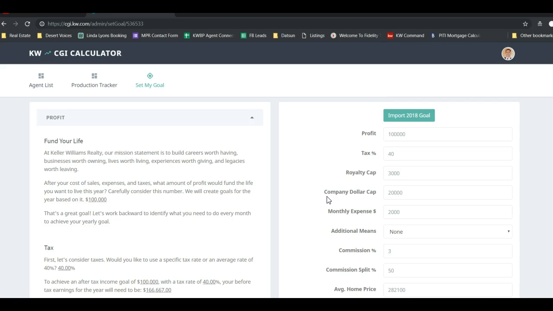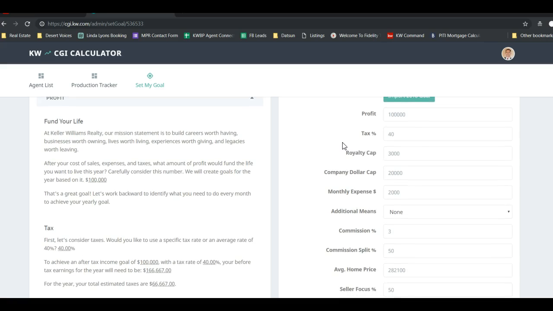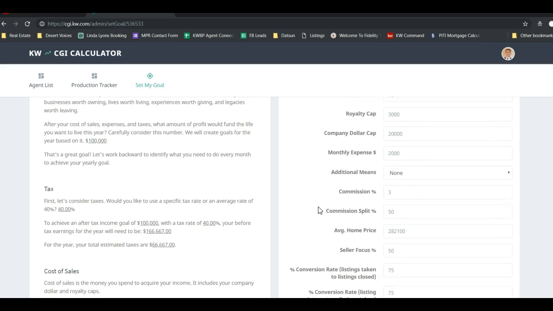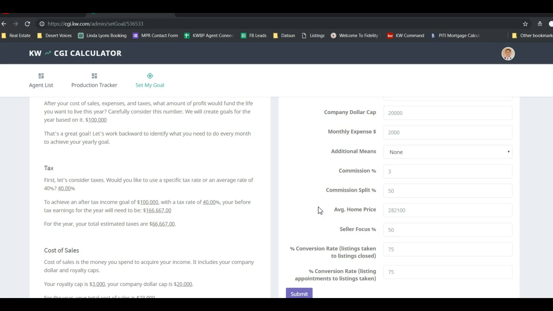So this column down the right-hand side is what we want to fill out. So profit is basically how much money you want to pocket at the end of the day. How much taxes you typically pay. This is actually a little bit high. We'll roll through this. Royalty cap, company dollar cap. This is like blank filled in. So we'll change all of this depending on your specific cap and your specific formula.